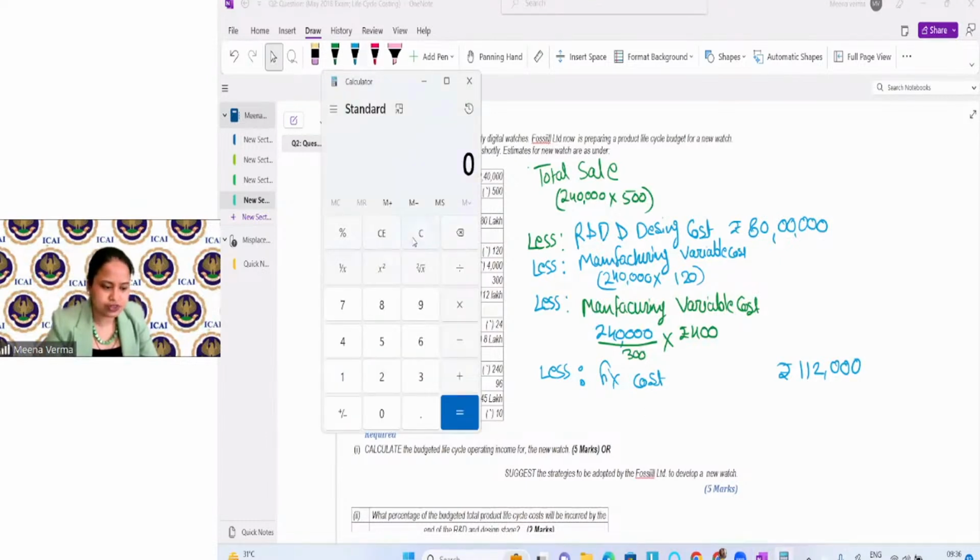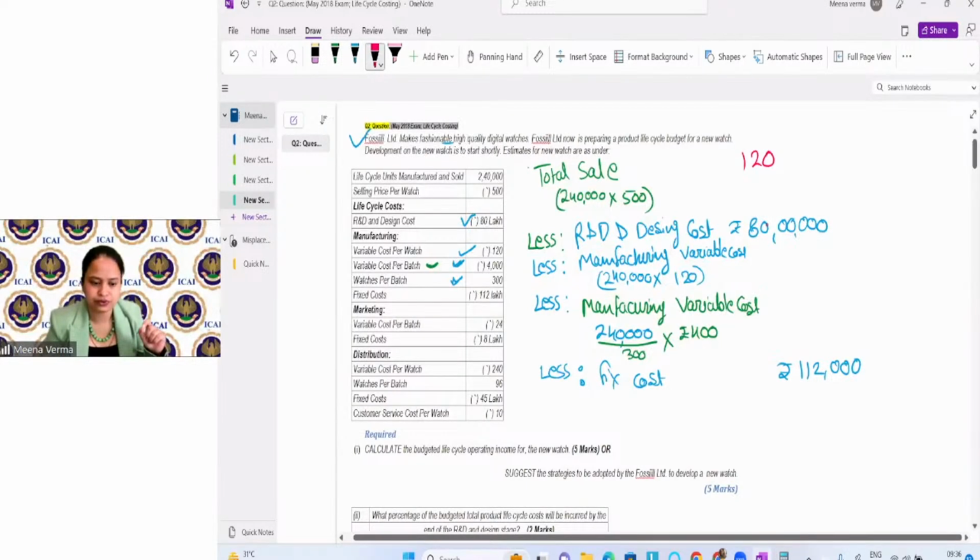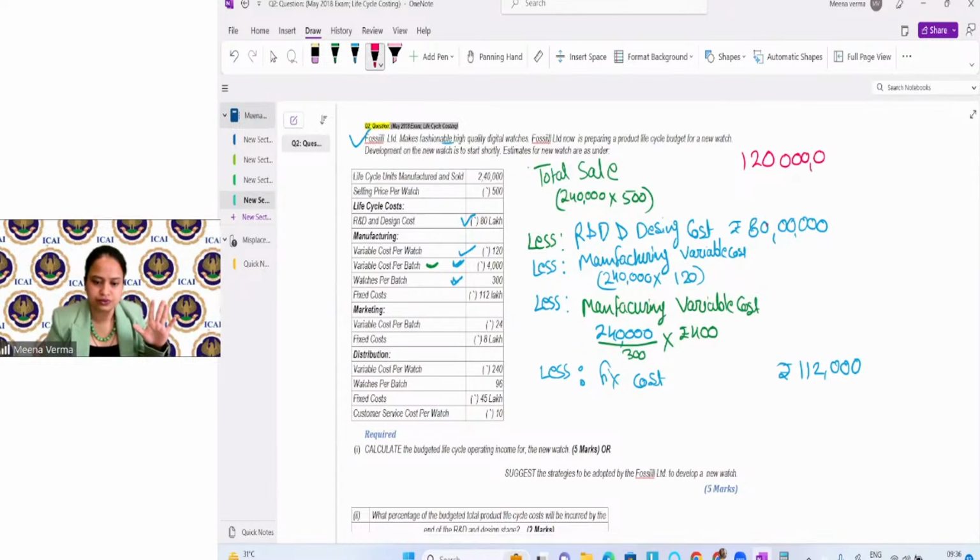So the total sales, let's first find the total sales. The company is selling this much quantity at this price. This is the total sale of the company.